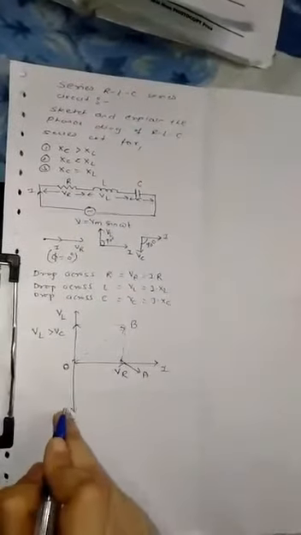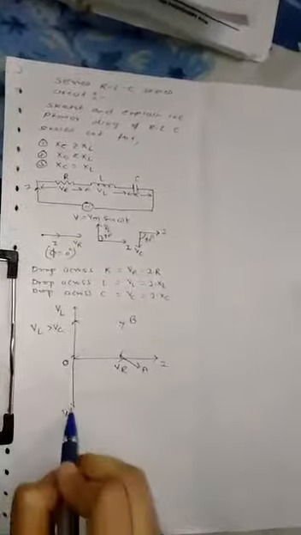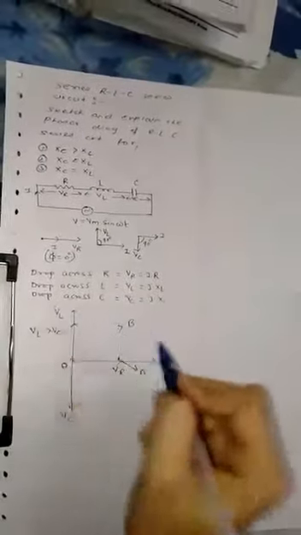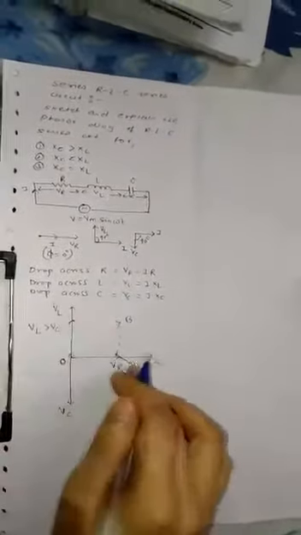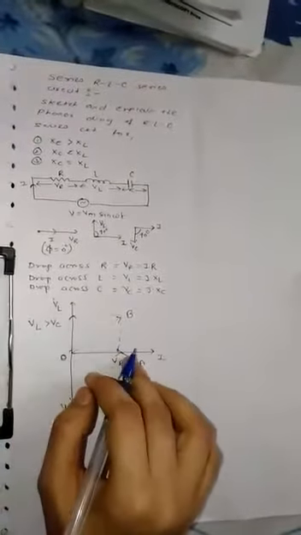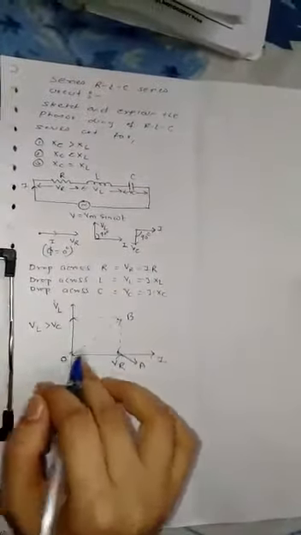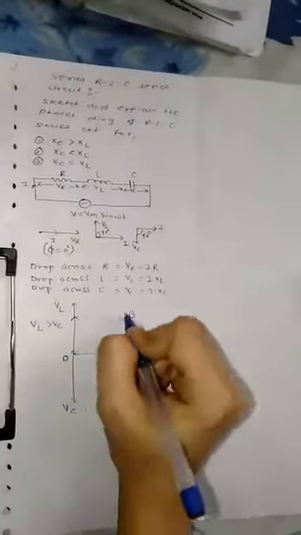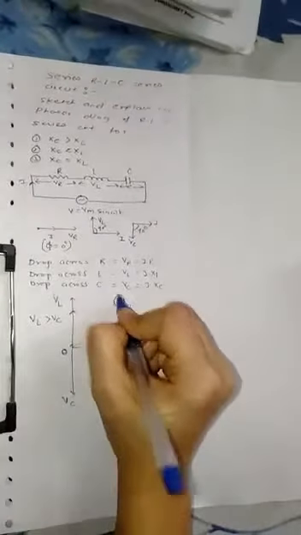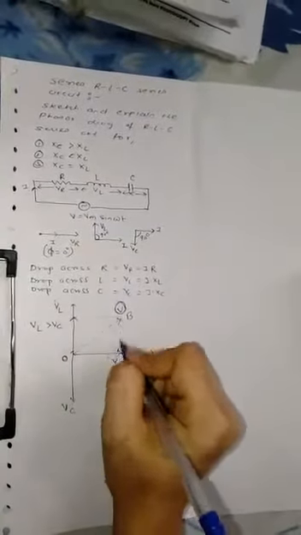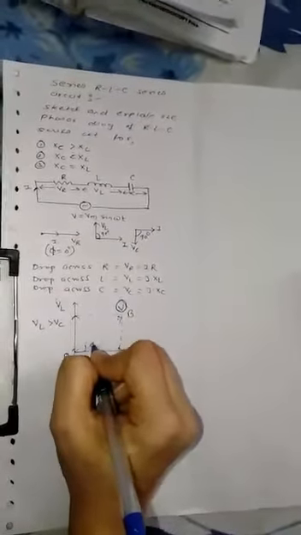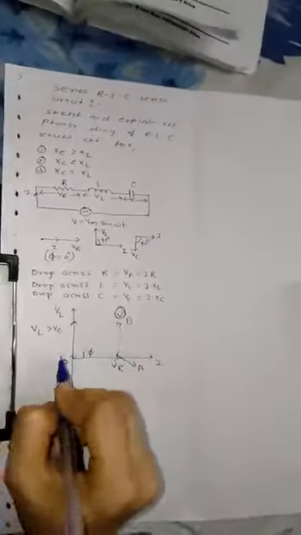Adding with VR by the law of parallelogram, we get the voltage V. Between the voltage and current, the angle is phi.